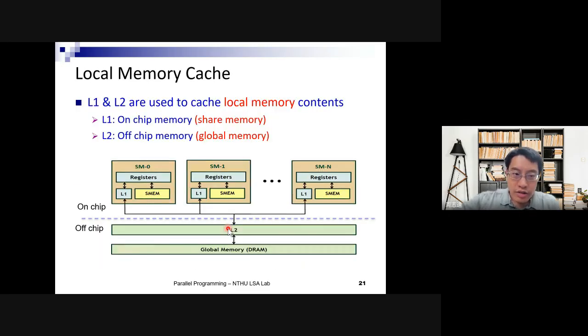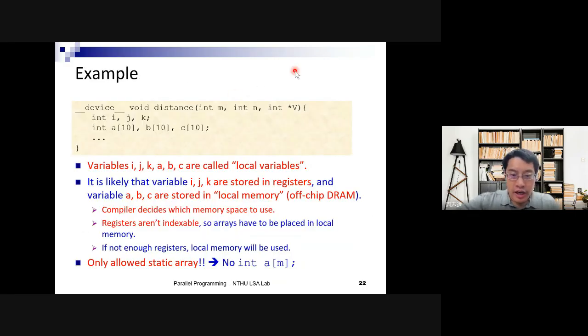All of this cannot be managed by your program, so it's just good to know what's underneath. This example is to see if you can identify whether a variable will be stored in a register or in local memory.